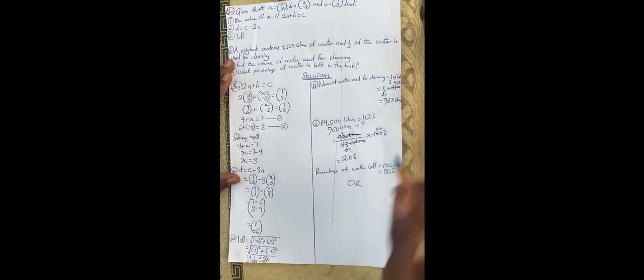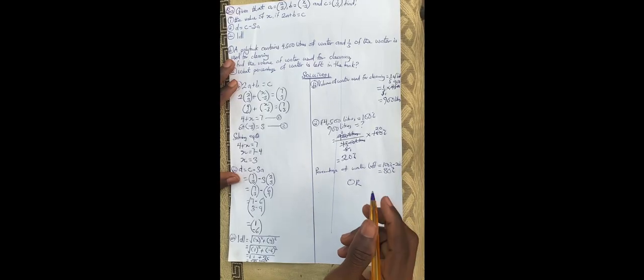The second approach. For someone, after getting the 900 liters of water, this person is going to do this. The person would want to find how many liters of water was left in the poly tank.